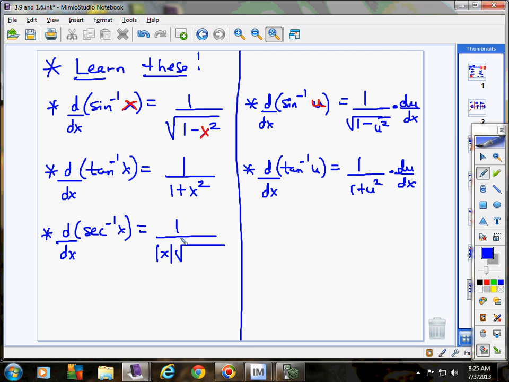It's still 1 over the square root of x squared minus 1. And so if we had something more complicated here, it would still look like 1 over the absolute value of u instead of x, square root of u squared minus 1 times what? du dx.